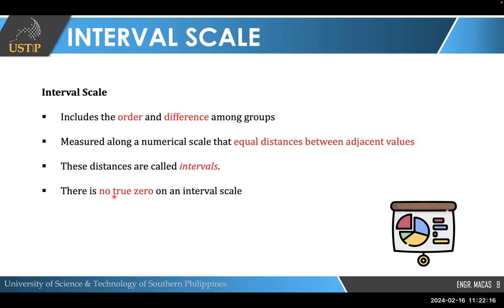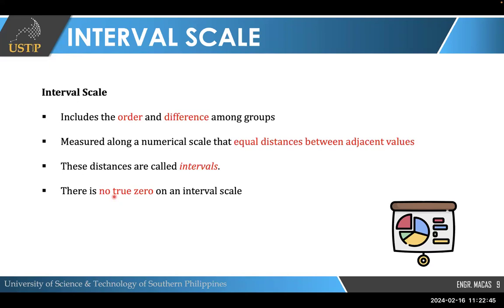So in this case, that's not a true zero value. In the same way, 0 degrees Fahrenheit does not mean you have no temperature. The idea of a zero value is that there is nothing, or the absence of a certain variable. Here, the zero does not indicate absence. It's just another value of your temperature.